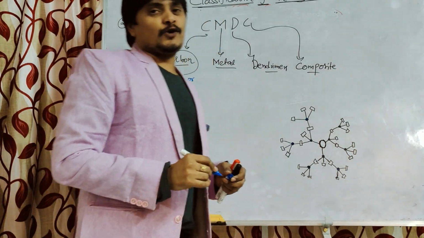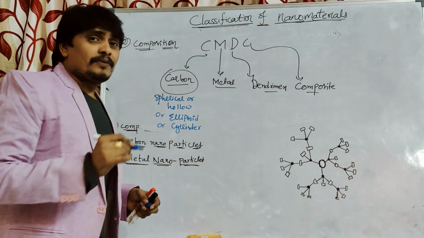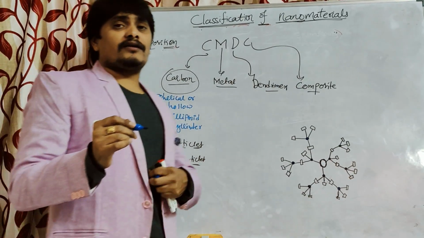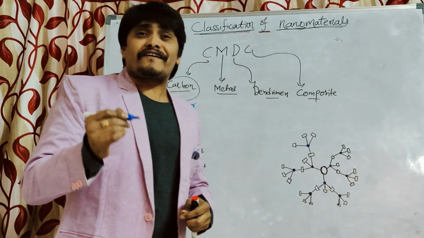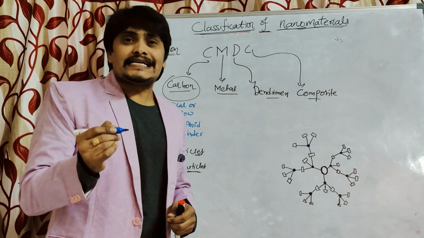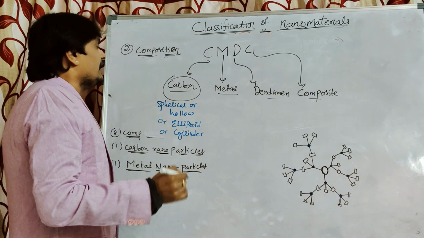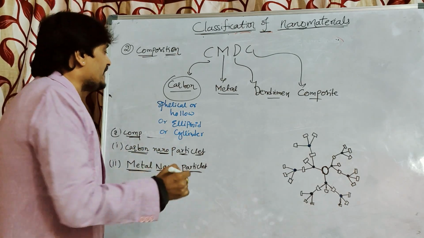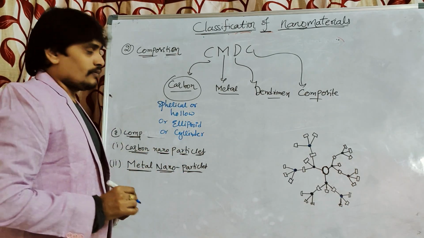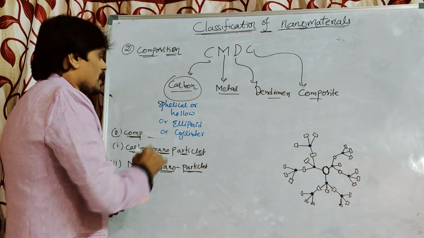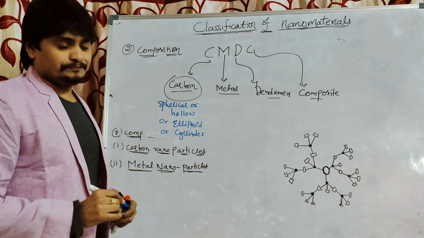Right? So carbon nanomaterials, which are carbon-based nanomaterials rich in carbon content, will be in the shape of spherical, hollow, ellipsoid, or cylindrical.